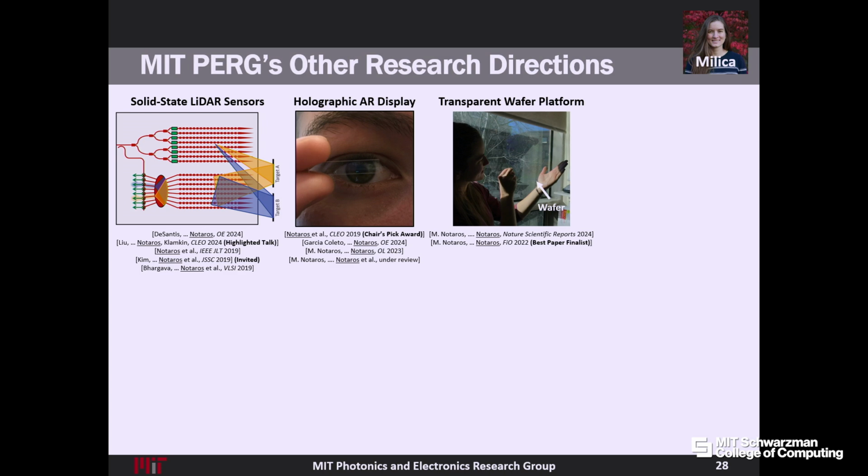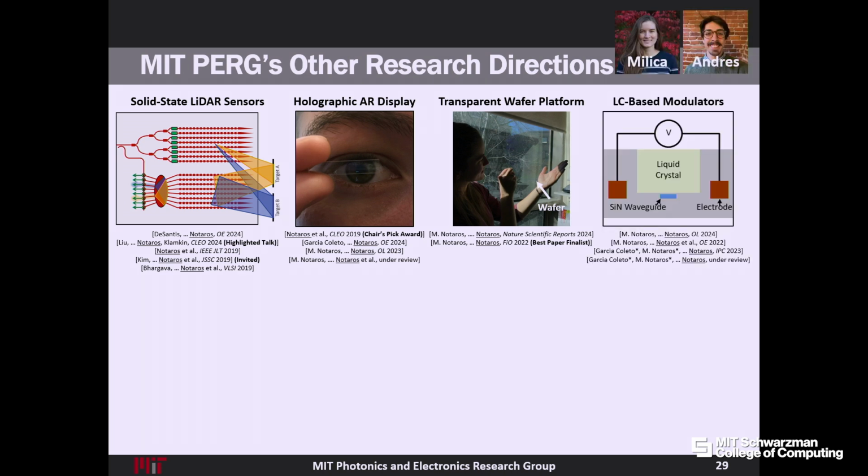Before, all these silicon photonic devices were focused on silicon wafers that are not transparent. So here we showed the first demonstration of a 300 millimeter silicon photonics platform that's actually transparent. We also have to think about modulators for all of these applications and even for trapped ion quantum systems. So here, Milica led the demonstration of the first liquid crystal-based modulators that enable compact visible light modulators on chip.